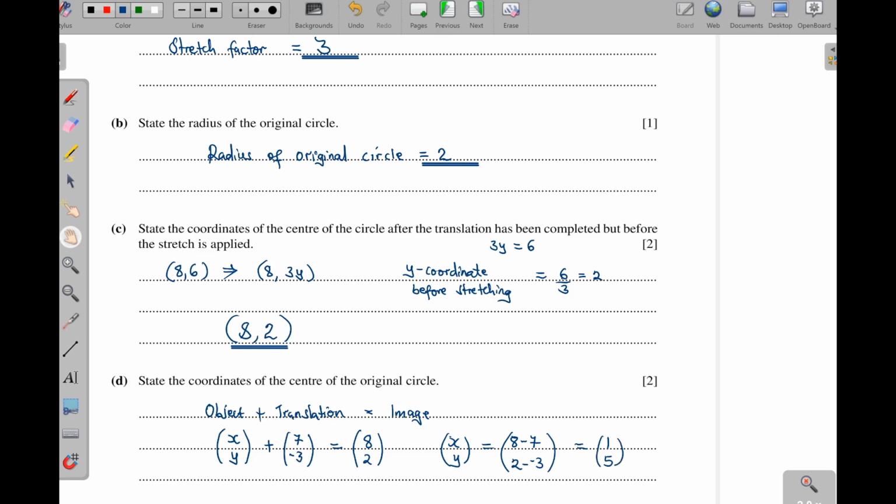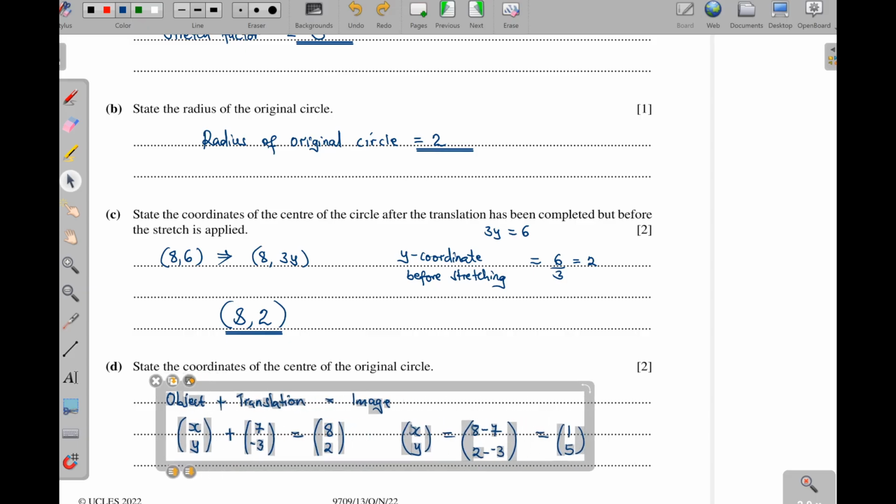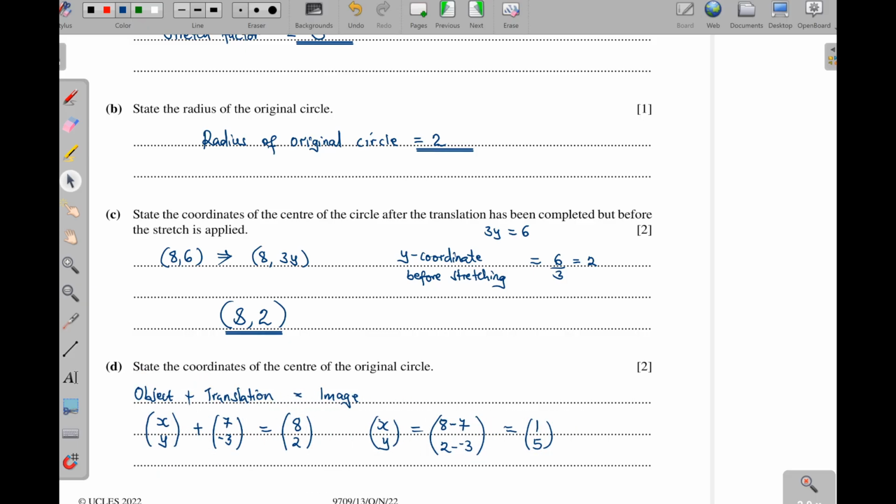So that means the coordinates of the center of the original circle is going to be 1, 5. You don't leave it as a column vector. So that is what we are having there. So this is our answer here.